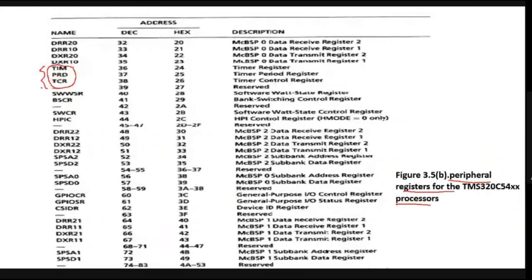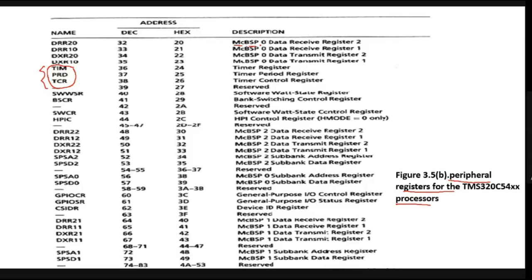These three registers we again use in that particular topic. And in module 5, interfacing, we may require the multi-channel buffered serial port. MCBSP stands for multi-channel buffered serial port.